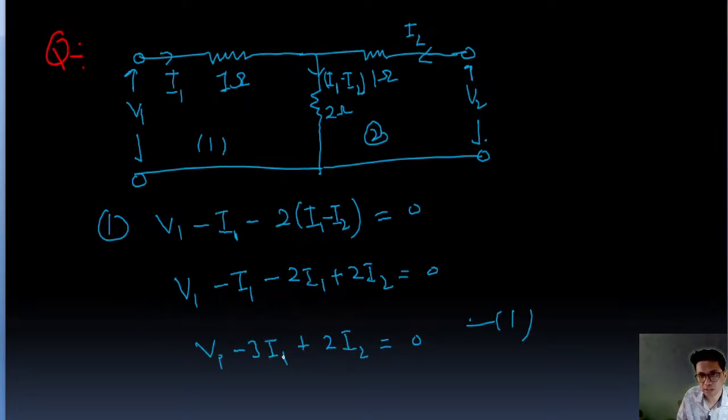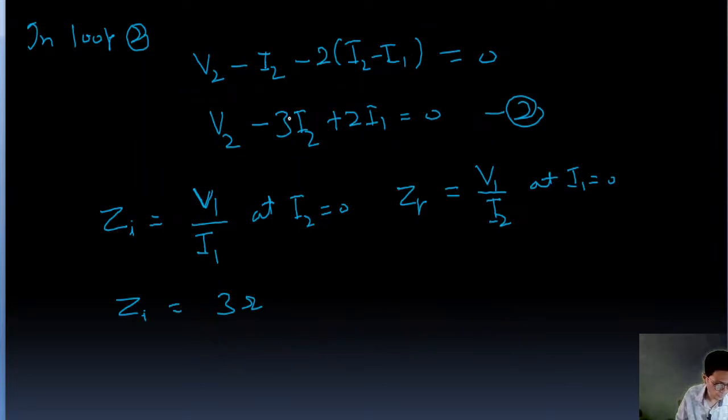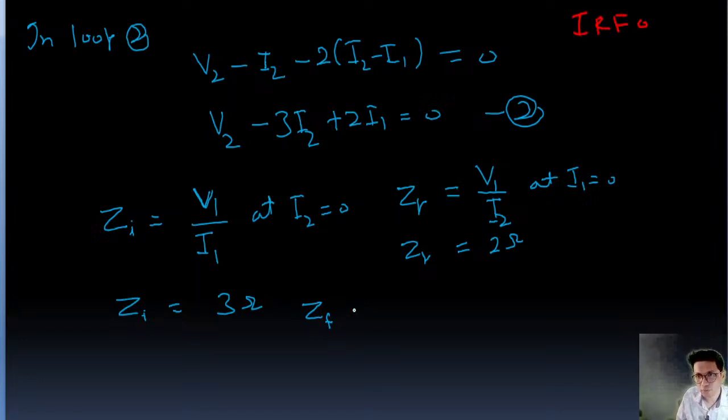I1 equal to 0 means this term is 0, then v1 upon I2 value is going to be 2. This is 2 ohm. Zr equal to 2 ohm. Very simple, 2 ohm. Similarly, we'll find zf. This we need to note down, that's all.